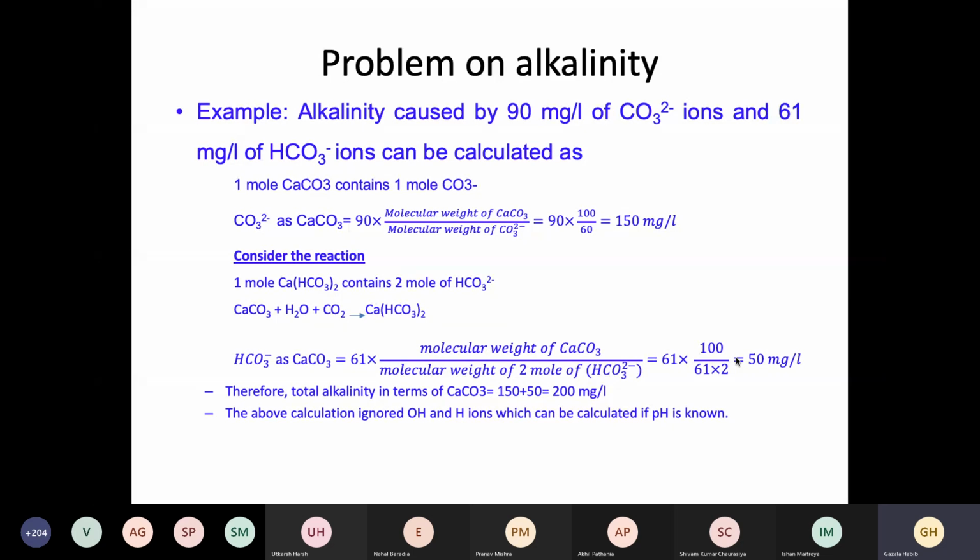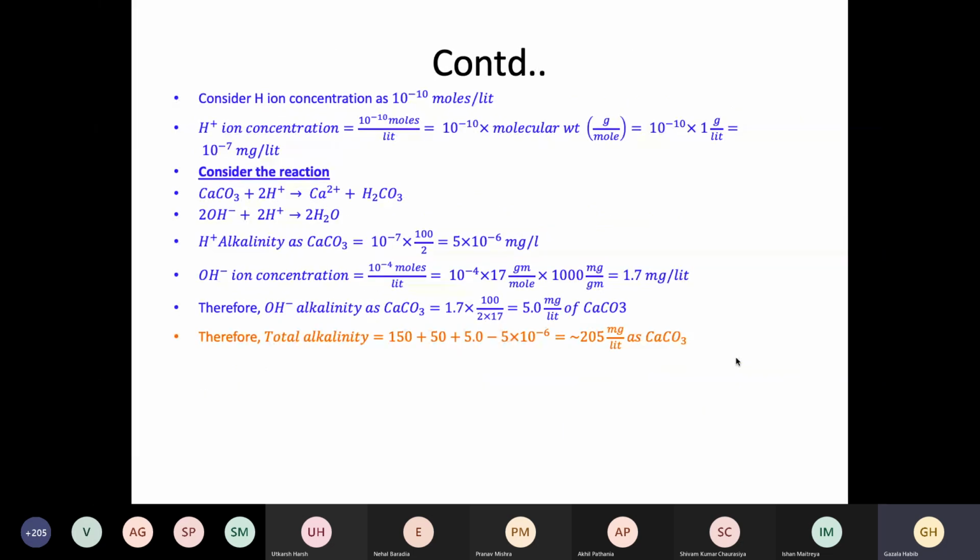Now, in the example, if pH is not given, then we can ignore any alkalinity due to OH minus and H plus ion. But if that is given, then we have to go further to calculate. For example, here the H plus ion concentration is given as 10 raised to minus 10 mole per liter.